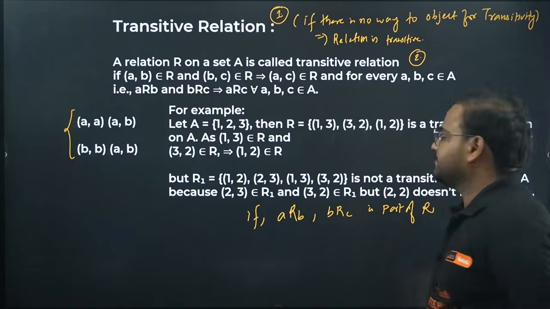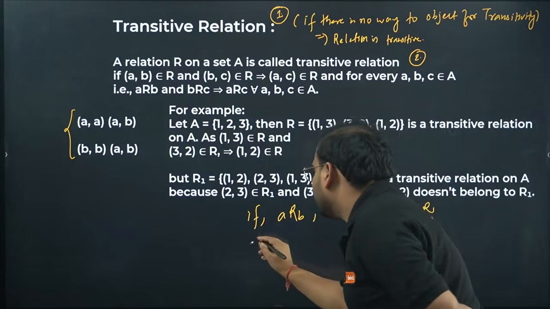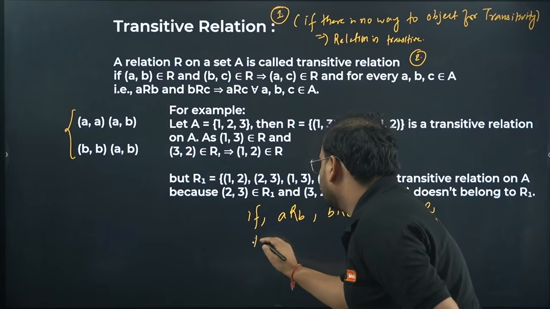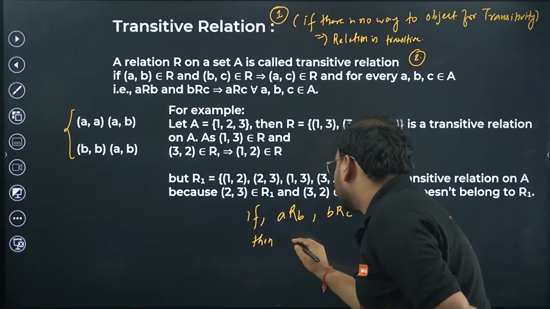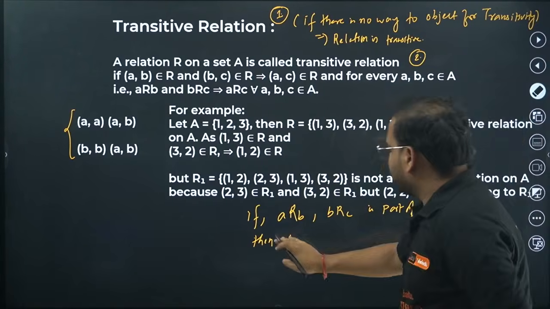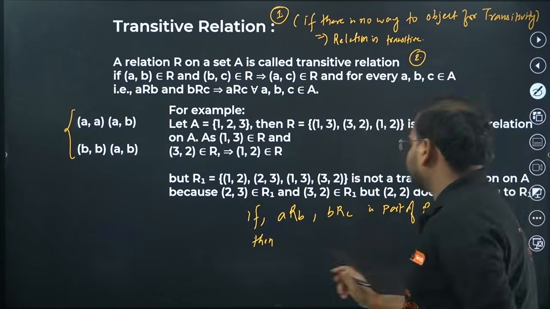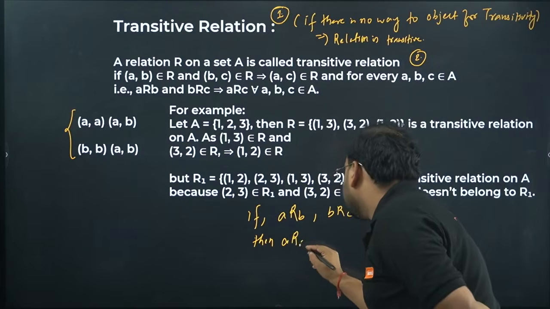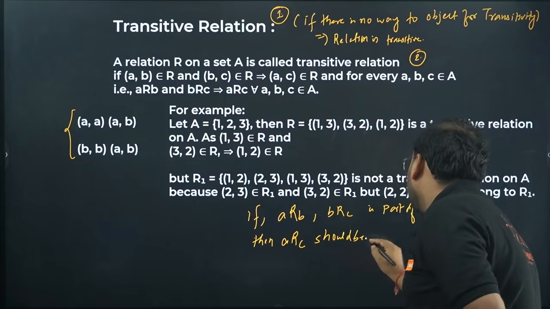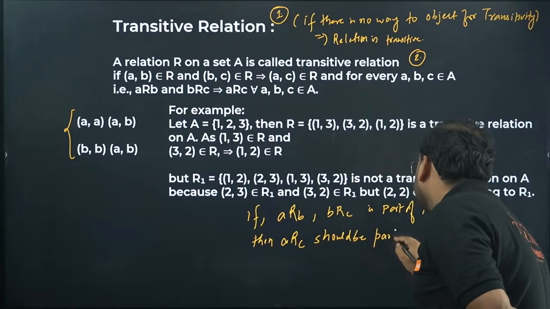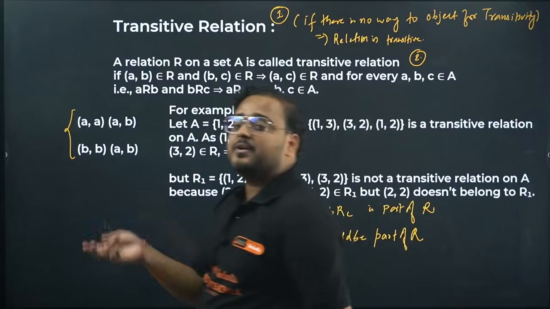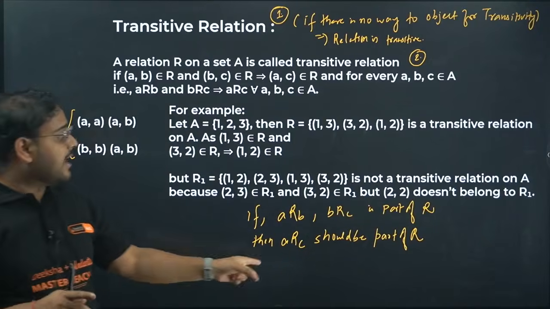BRC is part of the relation R. Then the statement is ARC should be part of R. If ARB is there, if BRC is there, then ARC should also be there.